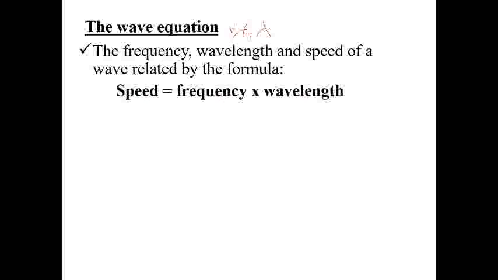Frequency times wavelength, in symbols V = f λ. Or since frequency is equal to 1 over time period, we can also express this as V equals 1 over the time period times the wavelength lambda. This gives us V = λ/T as another form of the wave equation, because 1 over time period is equivalent to frequency.